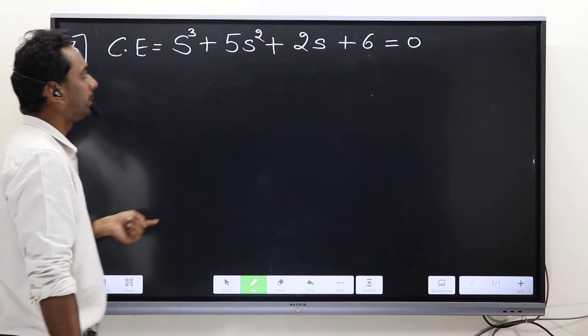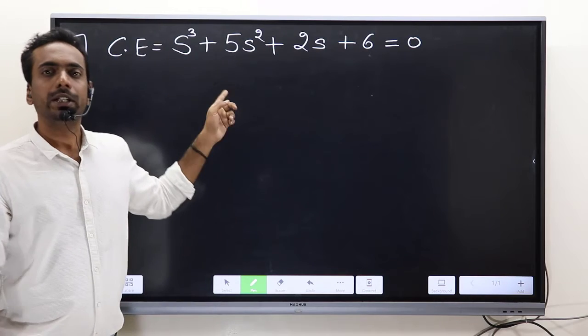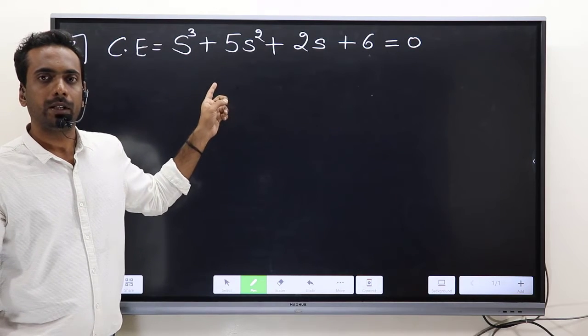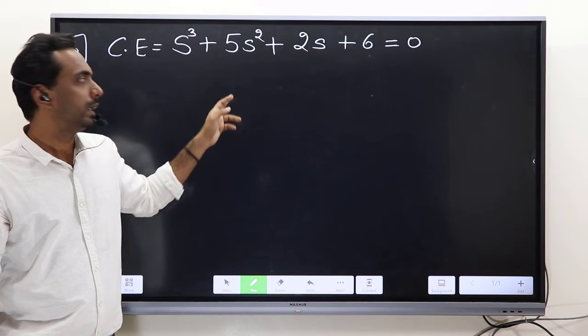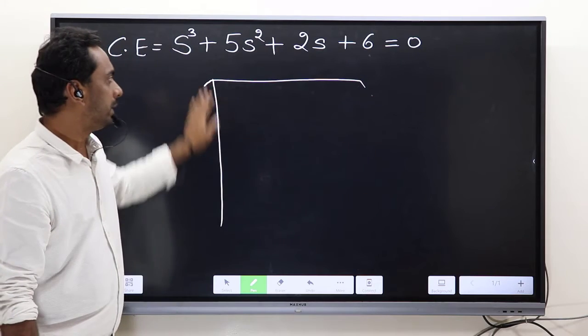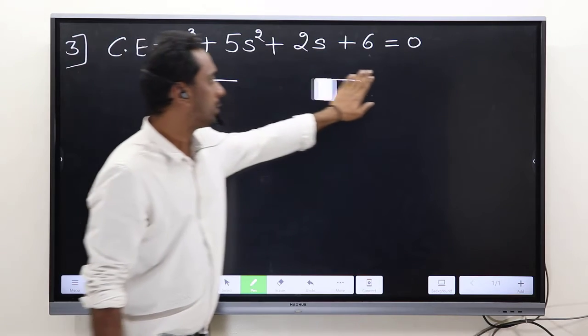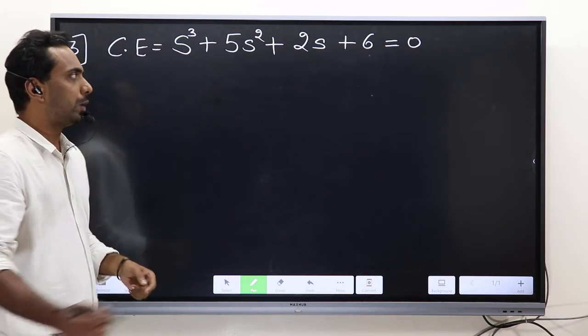Now yes, अगर कोई क्यूब का इक्वेशन आया है, if you have any cubical equation, characteristic equation, there is no need to draw the Routh's table.